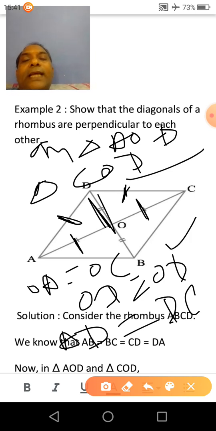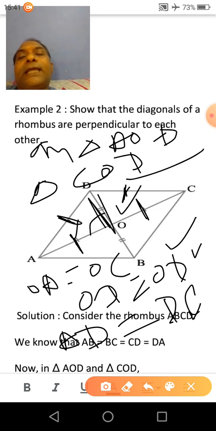So by SSS congruency, triangle AOD is congruent to triangle COD, and because these two triangles are congruent, this angle will be equal to this one, and this angle plus this angle is equal to 180 degrees. Clear?